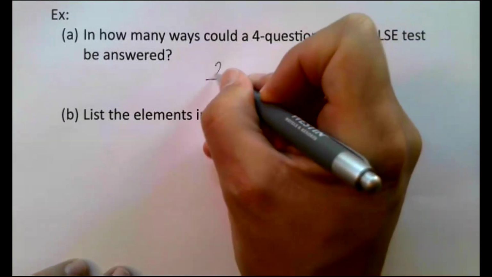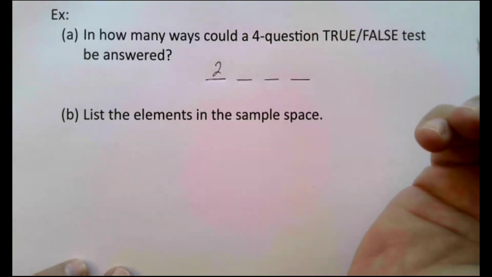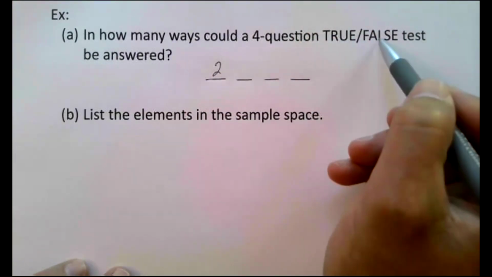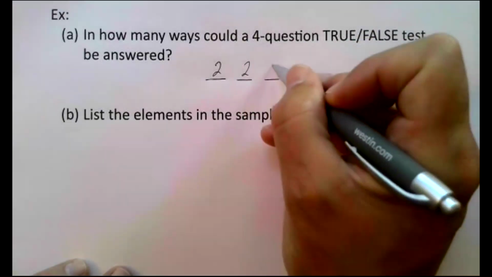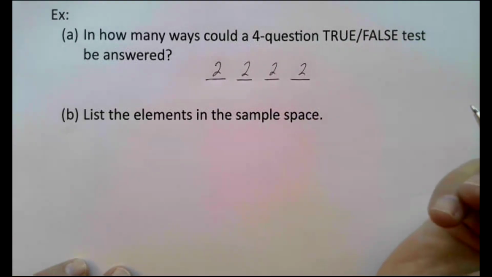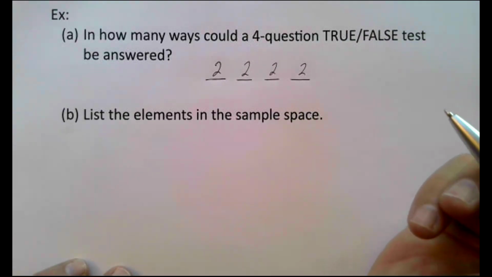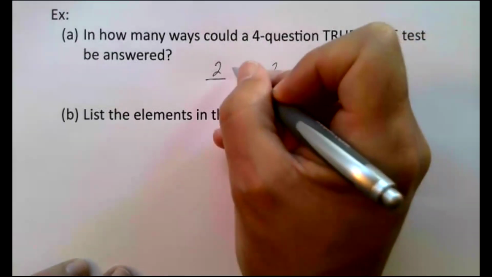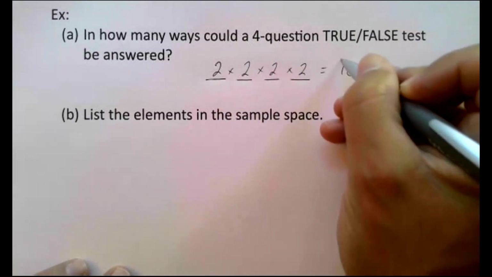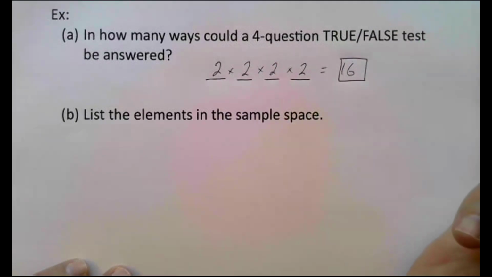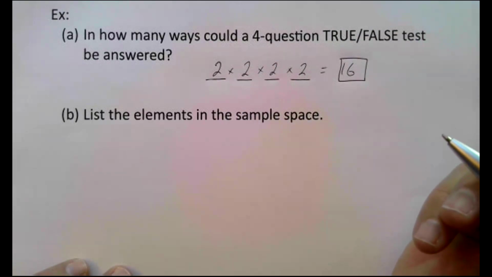If it's a true-false test, there are 2 ways to answer the first question, those 2 ways being true or false. There would also be 2 ways to answer the second question, 2 ways to answer the third, and then 2 ways to answer the fourth question. Of course, true or false on either. If we multiply these, we get 16. That means there should be 16 ways to fill out the answers on a true-false test.